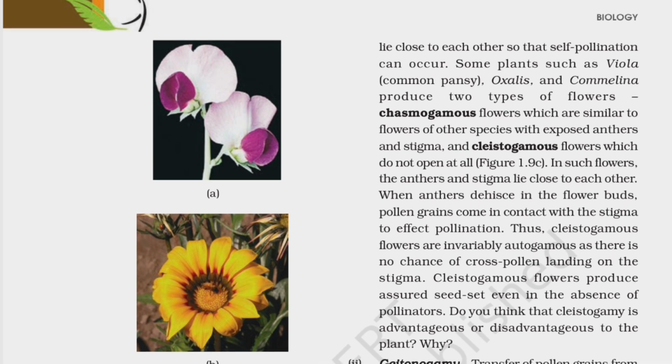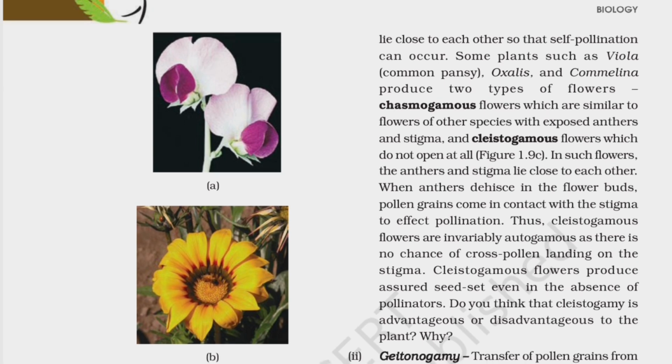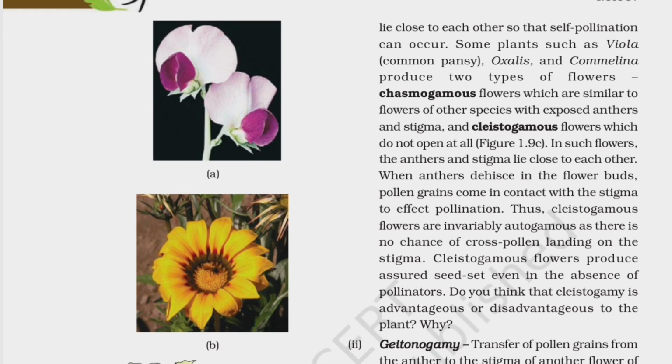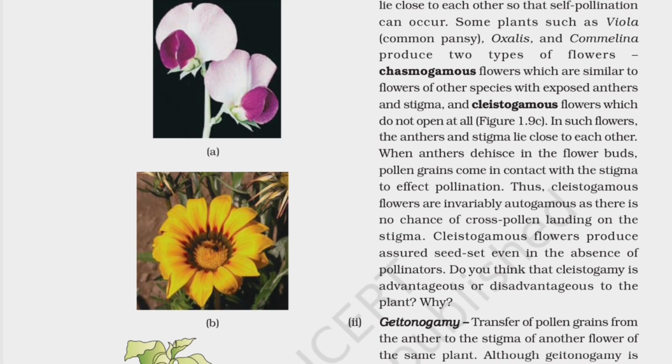Some plants such as Viola, common pansy, Oxalis and Commelina produce 2 types of flowers: chasmogamous flowers, which are similar to flowers of other species with exposed anthers and stigma, and cleistogamous flowers, which do not open at all. In such flowers, the anther and stigma lie close to each other.